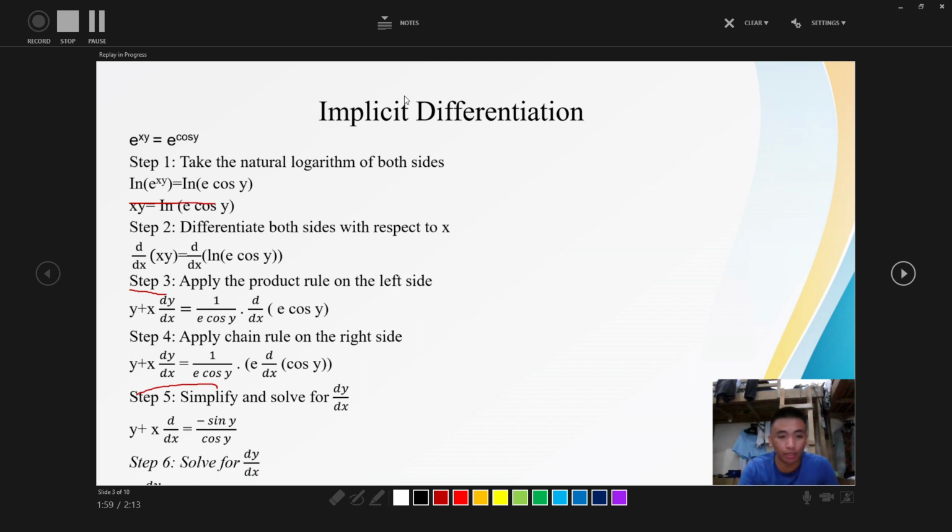After solving for dy/dx, the answer becomes like this.